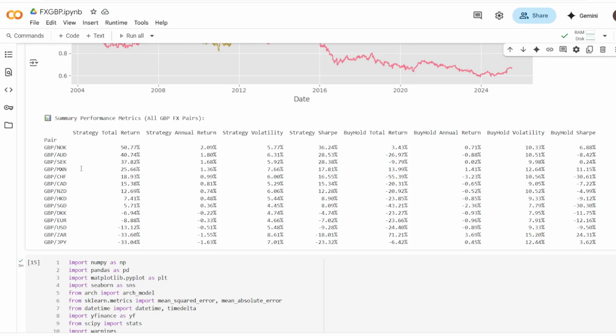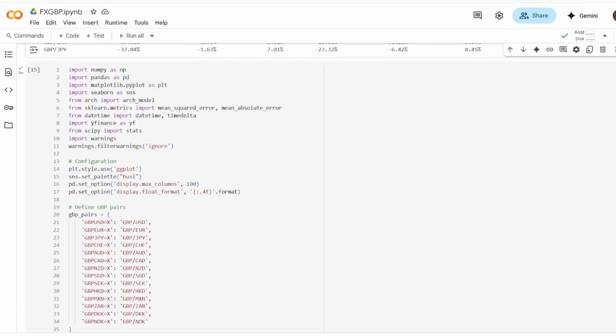So all in all, if I want to use a mean reversion strategy, I can use it with good probability to have very good returns for pound Norwegian krona, pound Aussie dollar, pound Swedish krona. We are talking about between 37 and 50% return, although it's a 25 year time horizon, so it's an average 2% return per year, so it's not much, but nevertheless it's something.